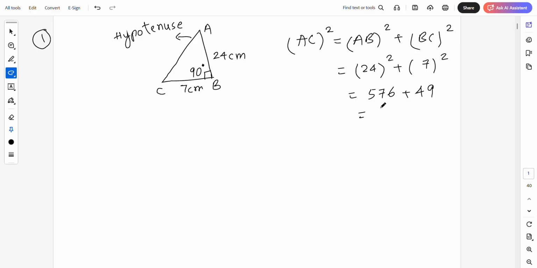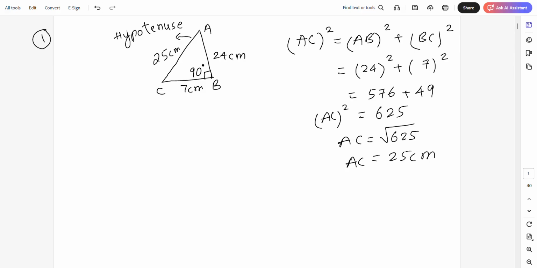That is equal to 625. That is AC the whole square. AC will be equal to root of 625. That is a perfect square. That is equal to 25 centimeter. We got AC is equal to 25 centimeter.